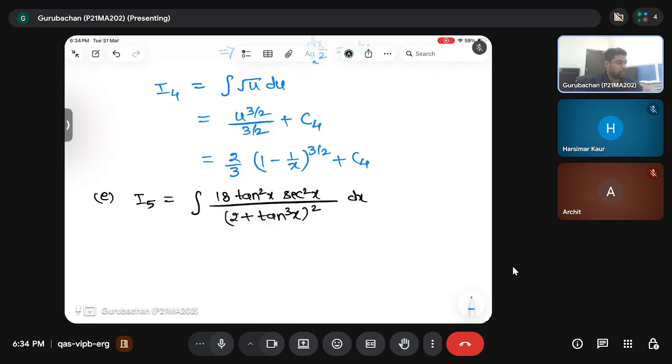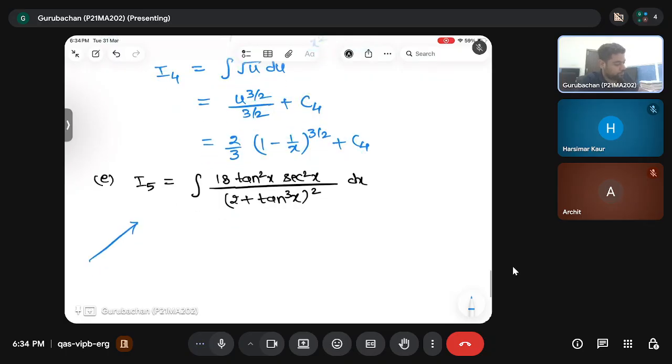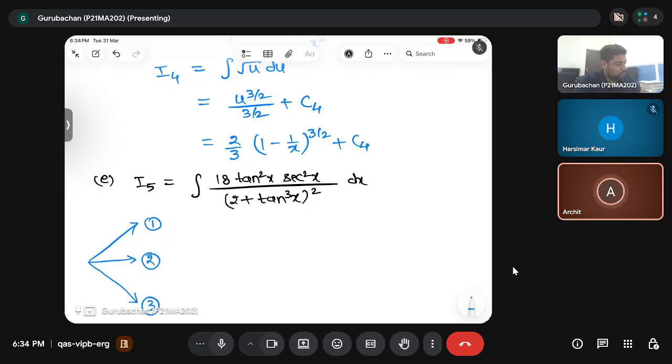What are the substitutions? You make a list. What will be the first substitution that comes into your mind? Sir, 2 plus tan cube x. Directly tan cube x. Yes, sir.